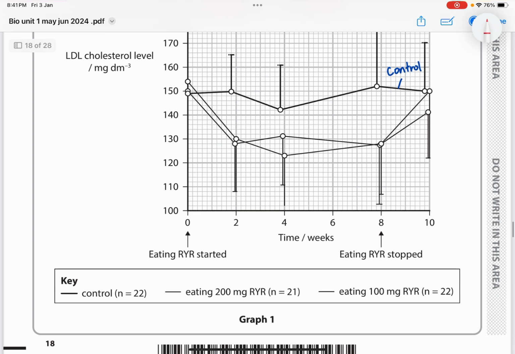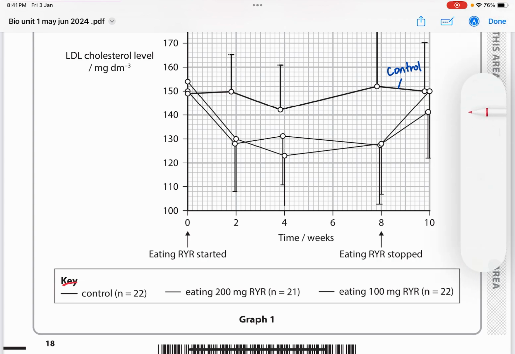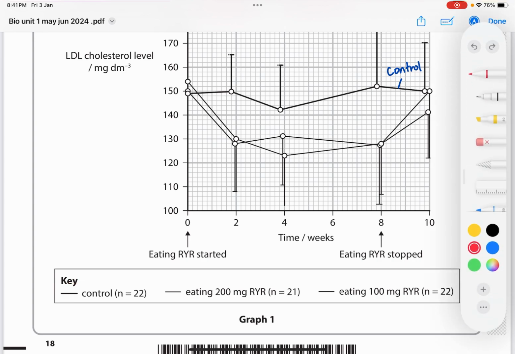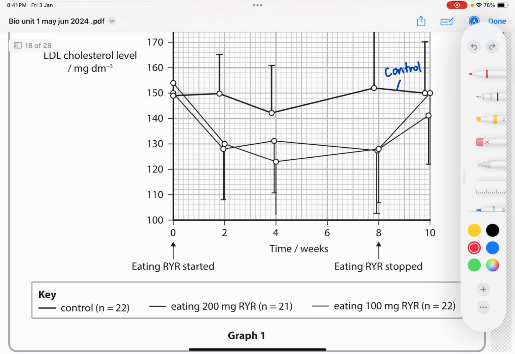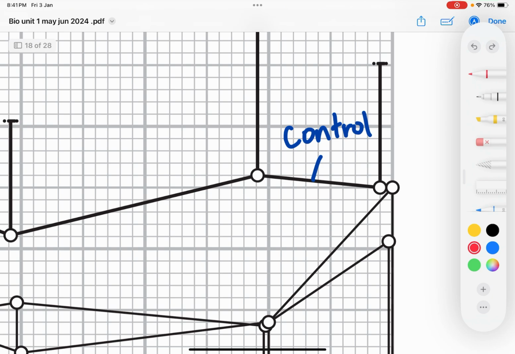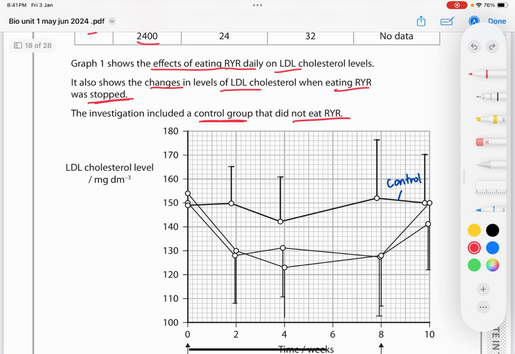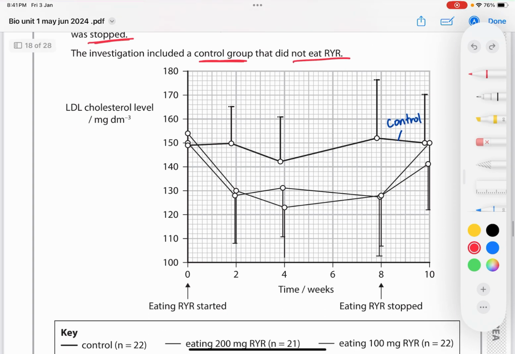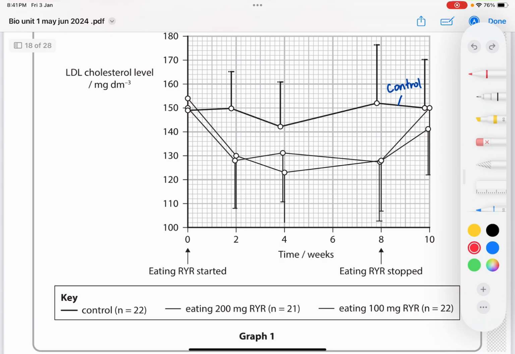We also have a key given to us right over here. So the control is basically the thickest line, which is right over here. So therefore, this part over here is the control, and the other two are, one of them is 100 milligrams, the other is 200 milligrams.